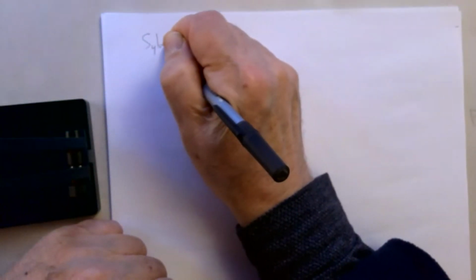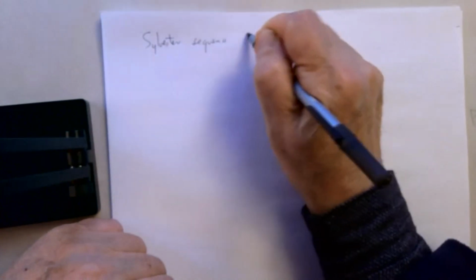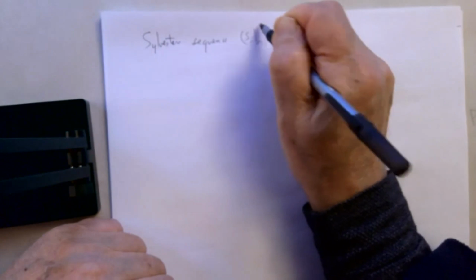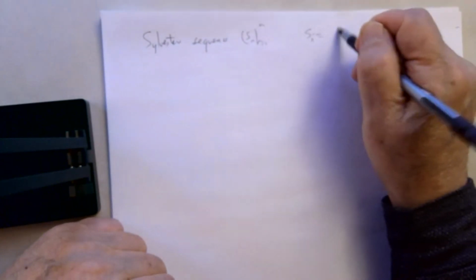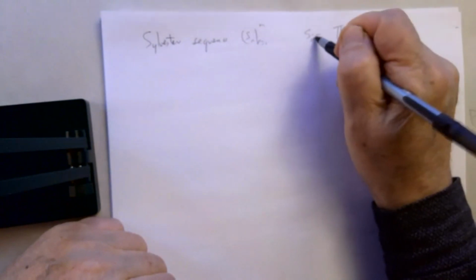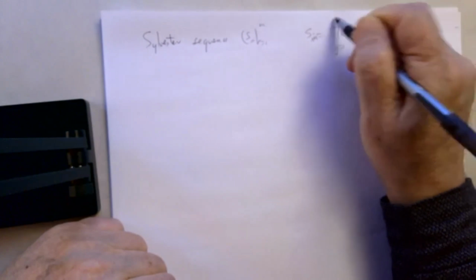So remember Sylvester's sequence, S sub i, where every S sub i plus 1 is the product, j goes from 1 to i, of S sub j plus 1.